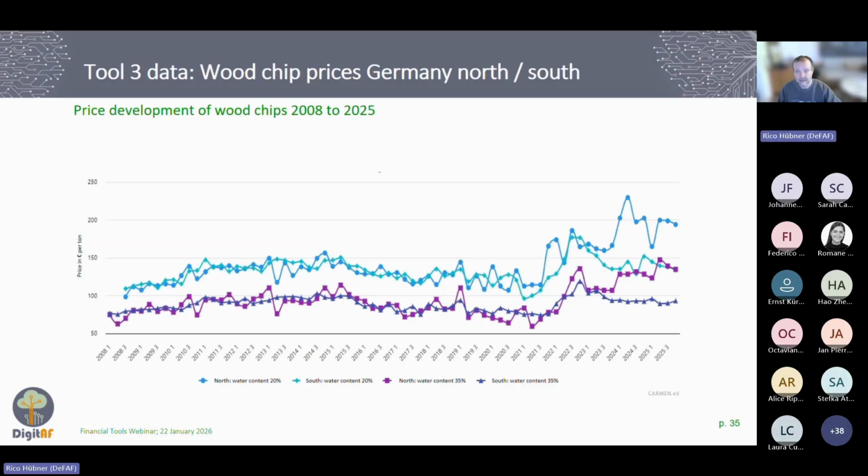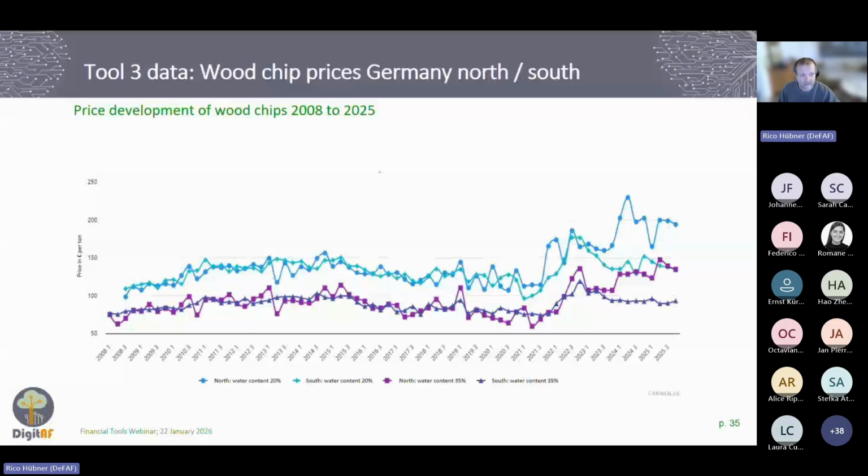For example, one of the core data that is essential for any economic analysis is the price development of wood chips. So here I just show you the example how much the price fluctuates over the year. So you see here 4 graphs, and 2 are for the north and the south of Germany, because they have different price levels, and also depending on the water content, as you usually face costs for drying, then you have a different price.